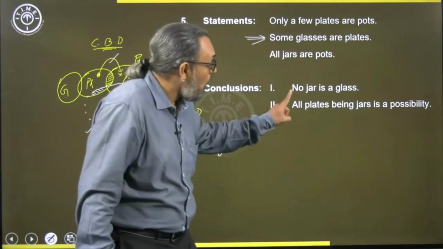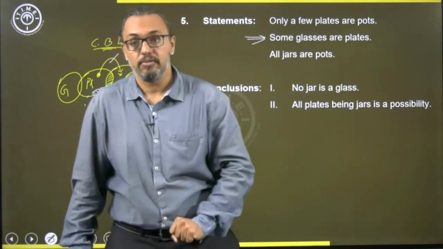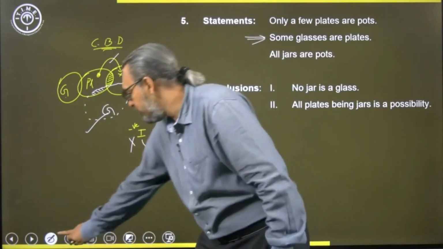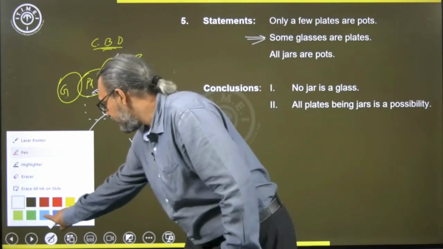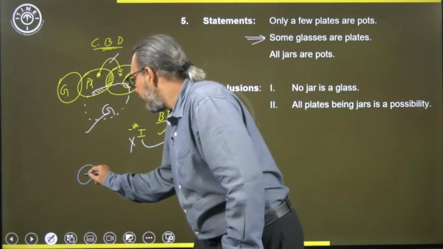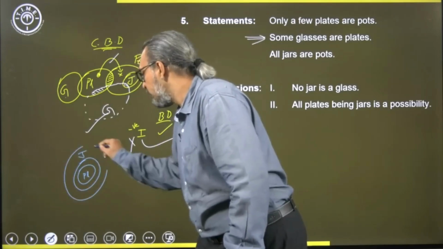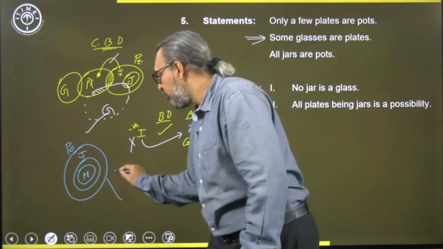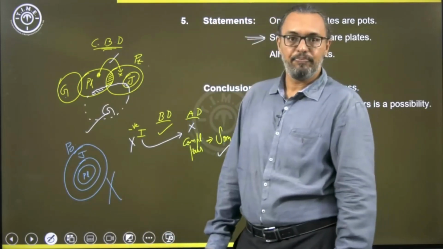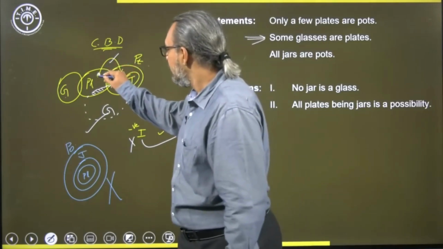So all the plates inside jars, is it possible? No, it is not. So that is what you need to understand. So here, check this. If I take all the plates inside jars, now jars are already inside pots. So I am getting all the plates inside pots, which is not possible because of this.